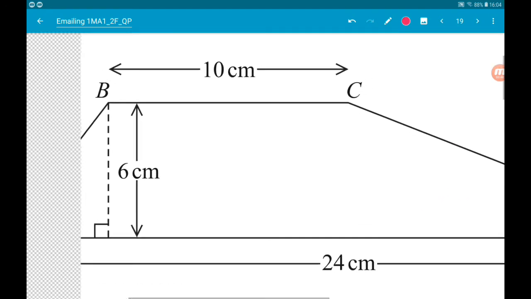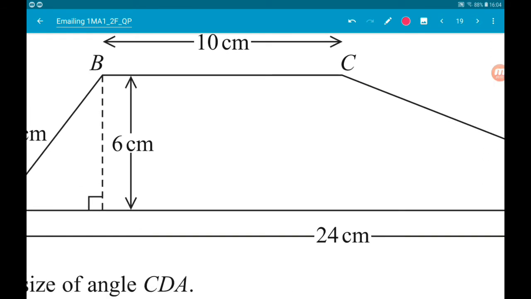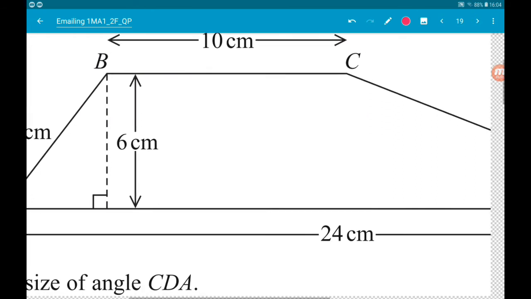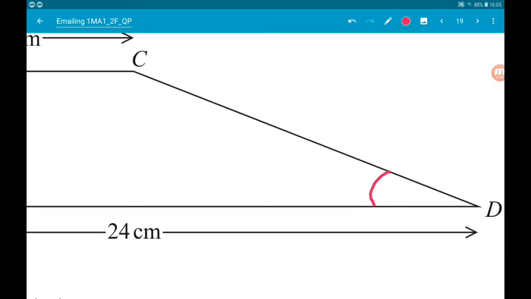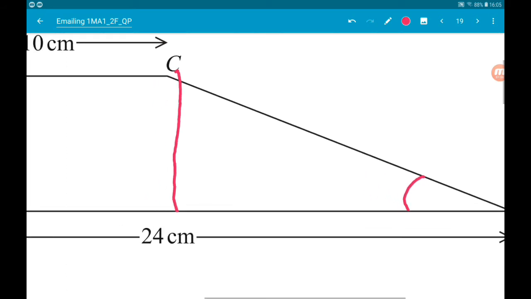Now then, how in the world are we going to do that? Well, in the trapezium we know the top length, we know the bottom length, and we know the height. So what we can do is put a vertical line there. Now we know that that is 6 centimeters.